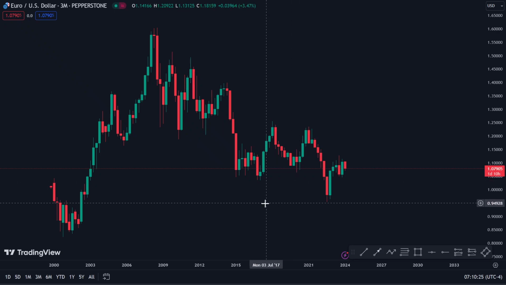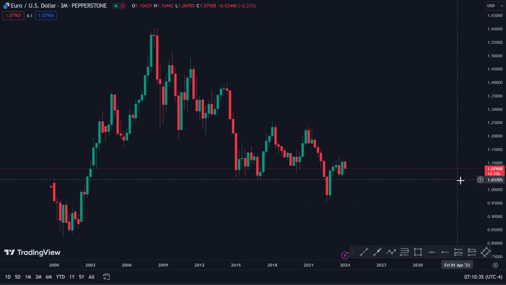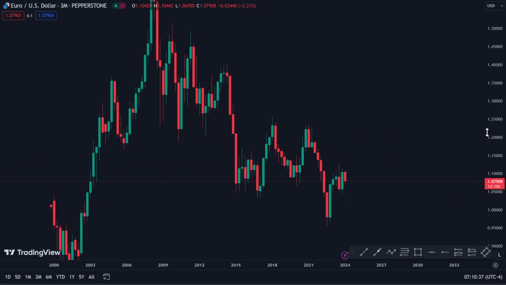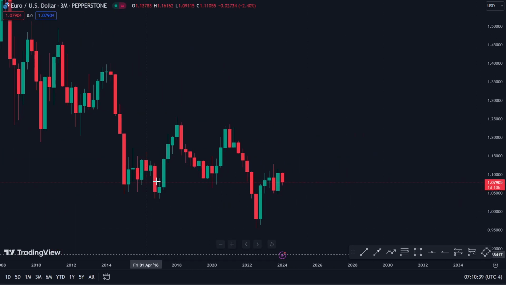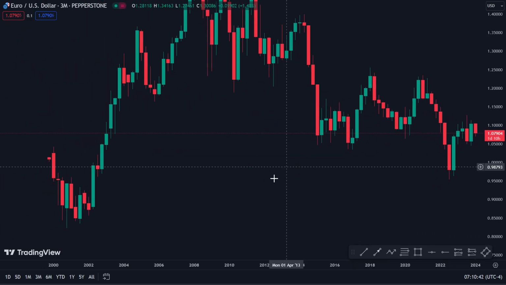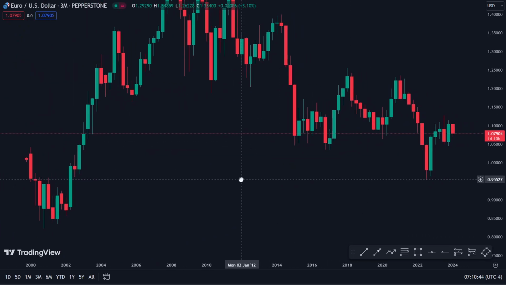So for instance, right here before us we have a 3-month chart, and I believe we all know that presented with a 3-month chart, each and every candlestick represents a time frame of 3 months.